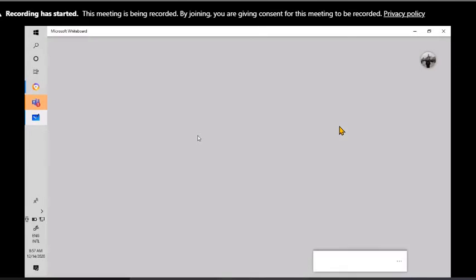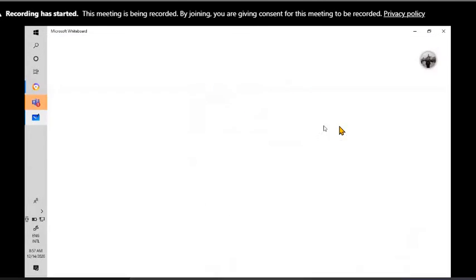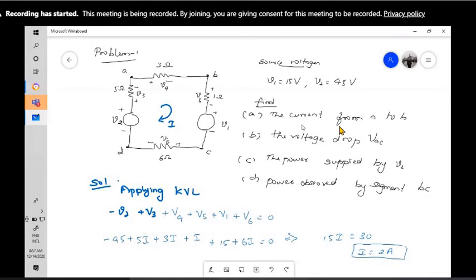Again, let me take you back to the circuit that we have drawn. If you want to find the power that is absorbed by this particular part of the circuit, that is between B and C, then of course this has two elements.